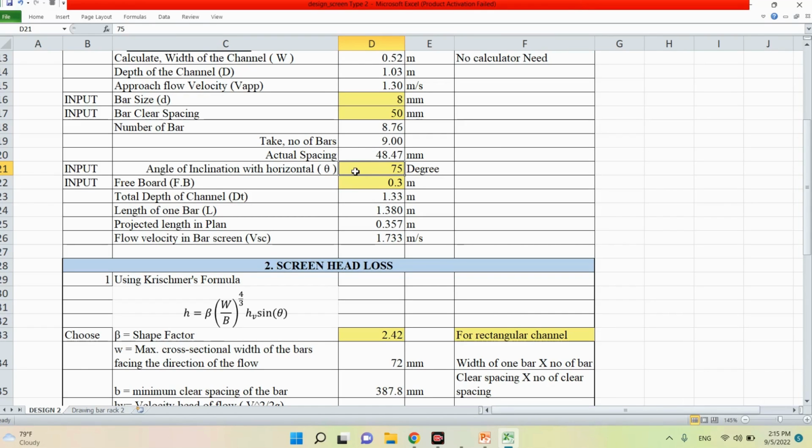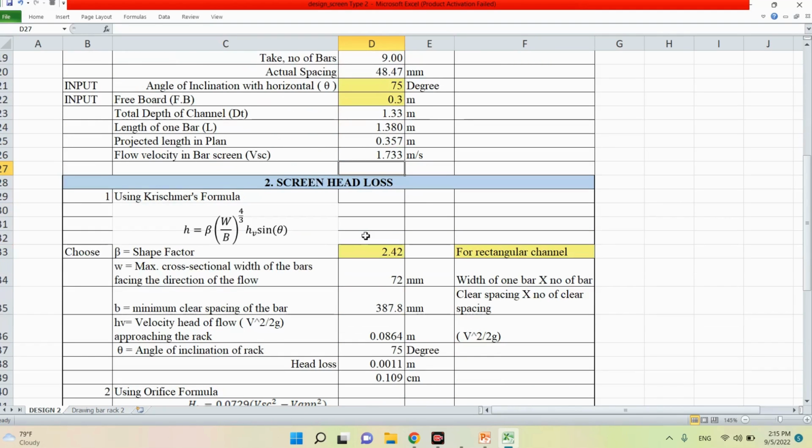We input the angle of inclination with horizontal theta, which is 75 degrees. The freeboard is input as 0.3 meters, and the total depth came out to be 1.33 meters. The length of one bar is calculated as 1.38 meters, and the projected length is 0.357 meters, and the flow velocity in screen is calculated as 1.733 meters per second.